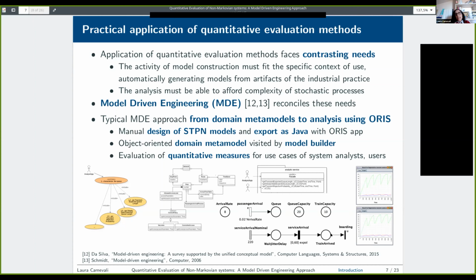And so in this case, model-driven engineering becomes relevant and permits to reconcile these contrasting needs.